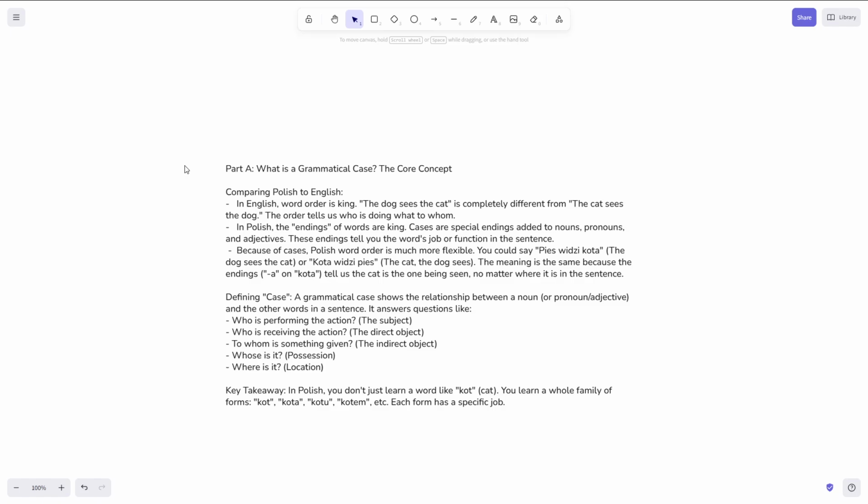If you speak Spanish or French, you should be pretty familiar with it as well, because even though the nouns themselves don't change, there is some stuff like changing from ella to lo, los, when we talk about direct and indirect objects.